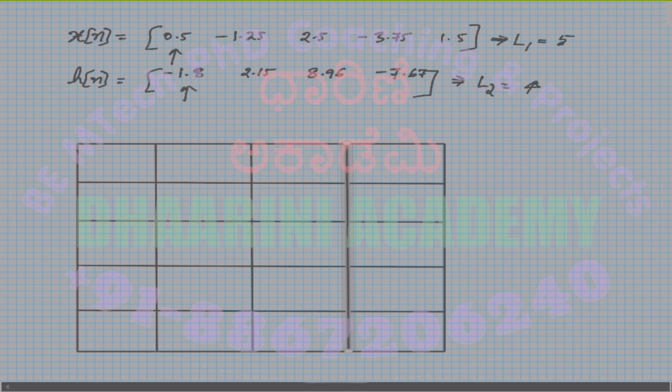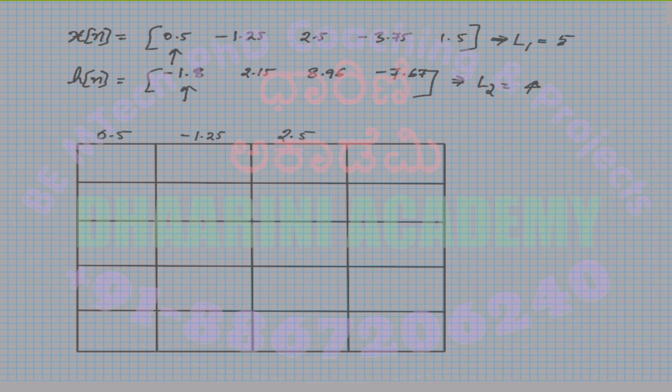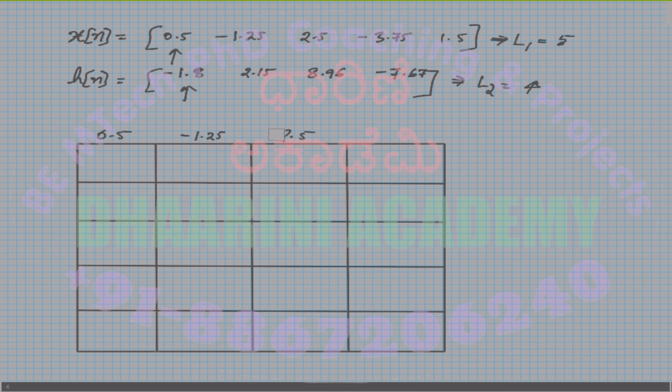So what you do, you write the signals accordingly. I'll write the x of n on the top, so that is 0.5, minus 1.25. Oh, okay, it should be h, right? I told x as the column, so let's make a change. Write x of n vertically because there are 5 rows.